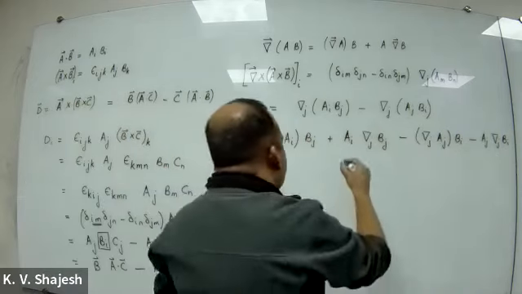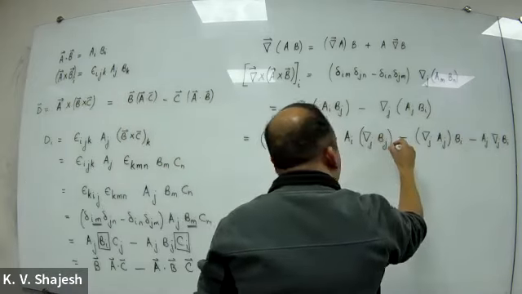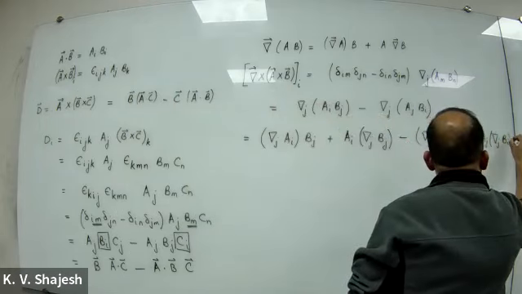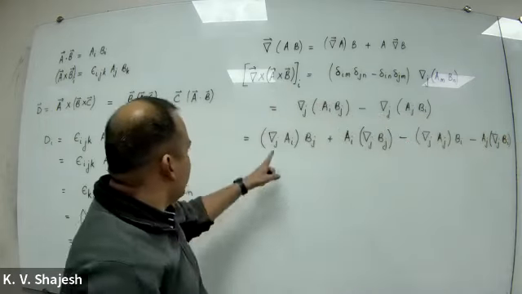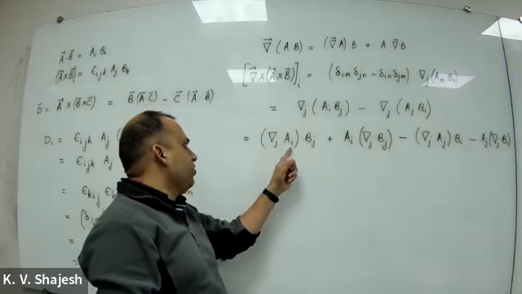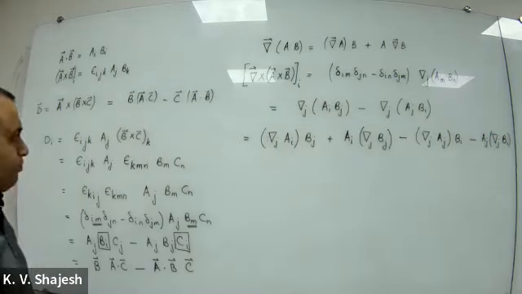That should be in parentheses here also, but that's not confusing. Only when it is in the front, it's not clear whether this is acting only on this or on both.